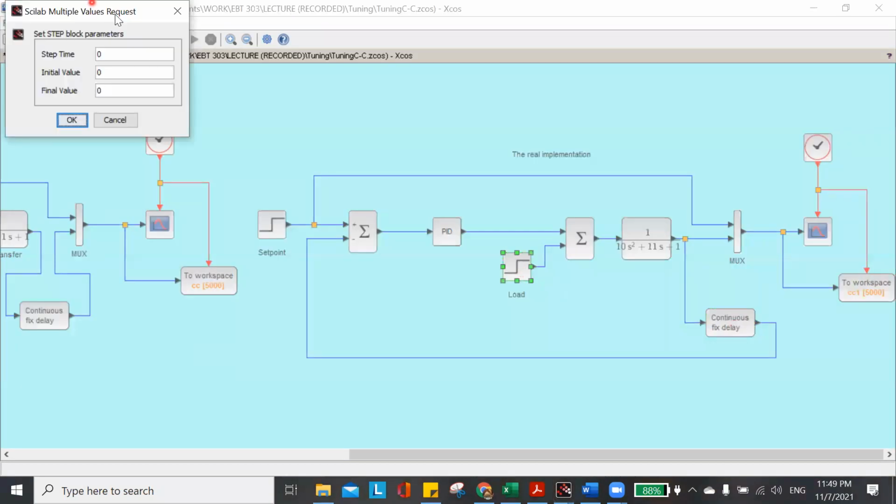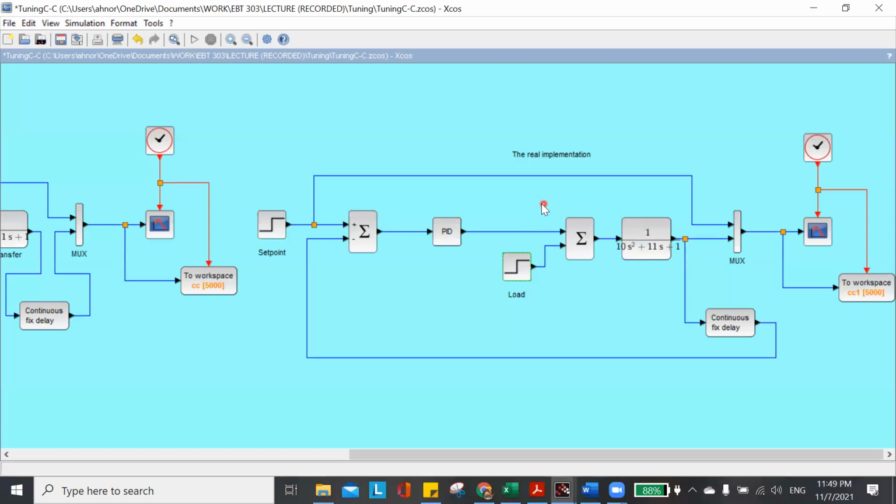The load I set to zero because I don't want the influence of load on the system. And then we have a controller, of course, because originally this is an automatic system.